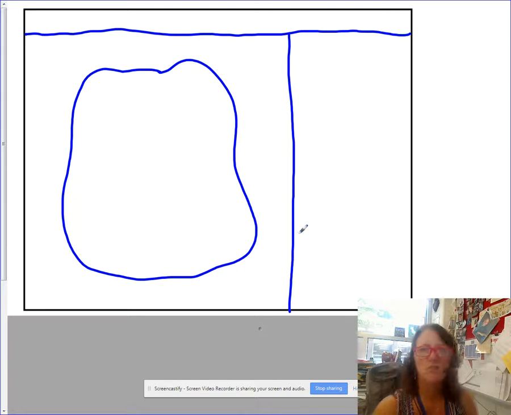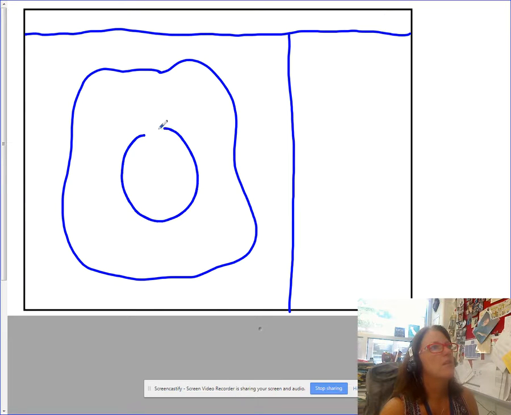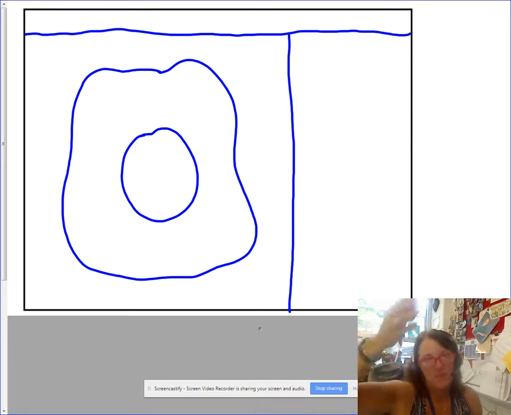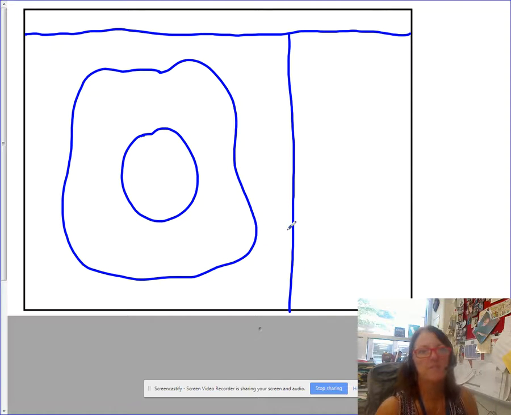That almost looks like a tooth, doesn't it? Weird. And then inside here, you can make another little general region, okay? So you've got the big rectangle, skinny banner on the top, straight line, and then a couple of blobs in this larger region, okay?